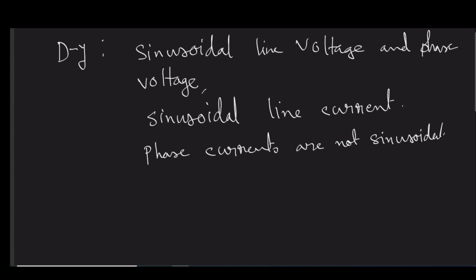Now phase currents are not sinusoidal, and there is third harmonic EMF in the phase winding that constitutes a flow of current through our delta path, right? So phase currents are not sinusoidal, and this is the delta-star case.